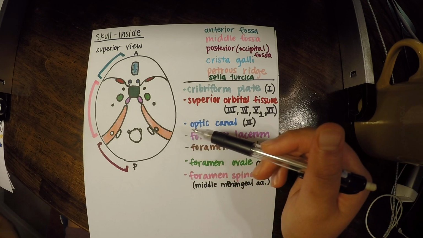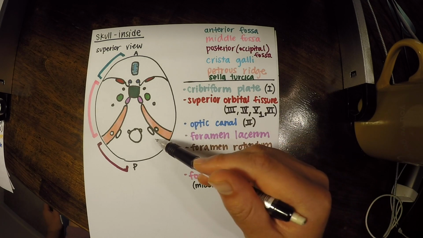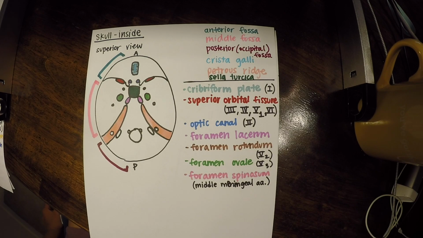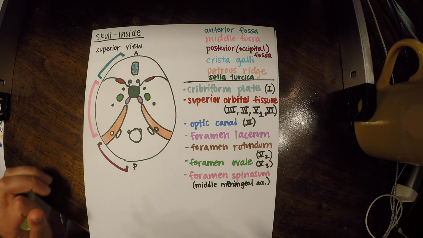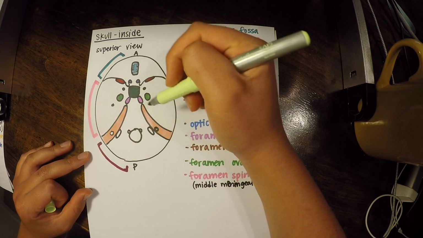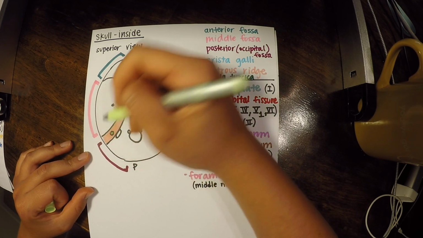We're going to move down to the foramen that is in the petrous ridge. So that is, let me find a color for that. That is our internal auditory meatus. It's going to be this light green color.